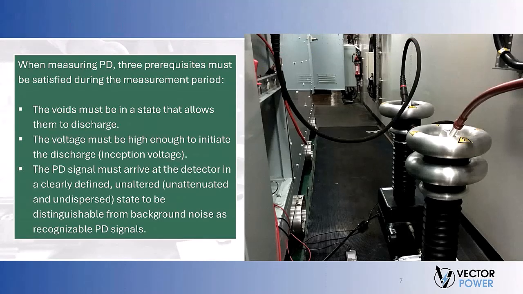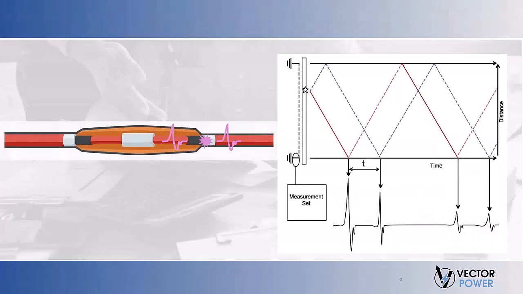Therefore, if no partial discharge is detected, it could mean that no voids are present, or a void exists, but the conditions are unsuitable for discharge. This is particularly important for short measurement durations, and the risk of producing false negative results should be acknowledged.